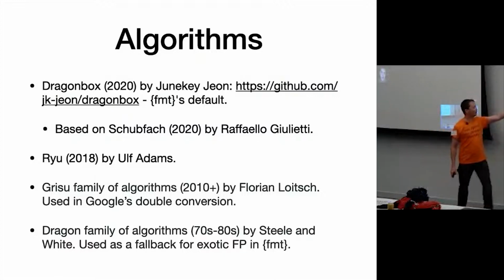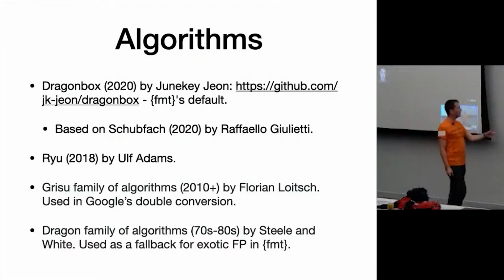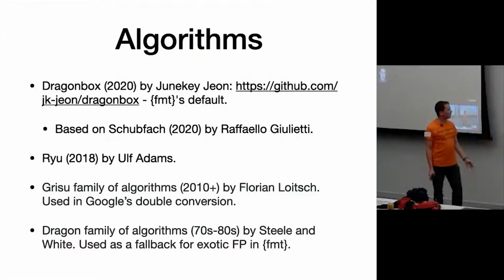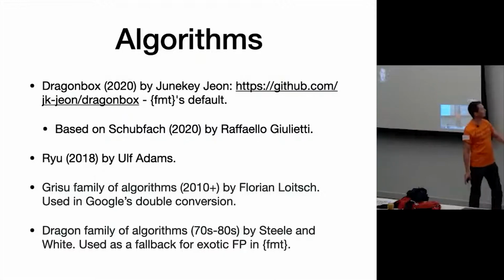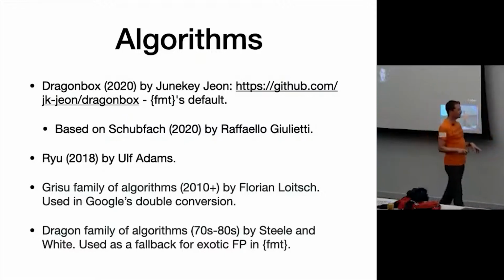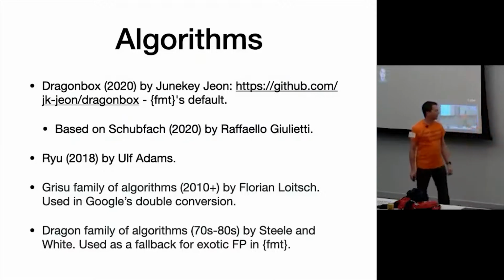Then there was a pretty popular one at some point called Ryu, I think it's used in Microsoft STL. And then there is a whole family of algorithms called Grisu, used most famously in the Google double-conversion library. For a long time FMT used this until we switched to Dragonbox. And for exotic floating point, we use Dragon4, which is the general case. It uses multi-precision arithmetic.